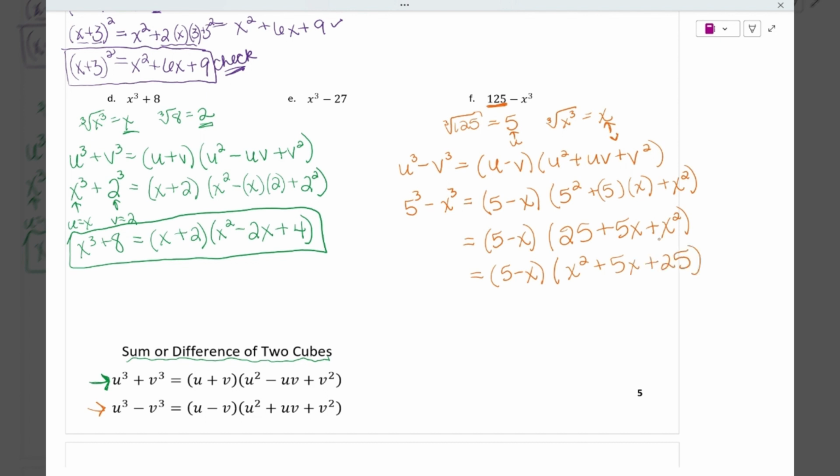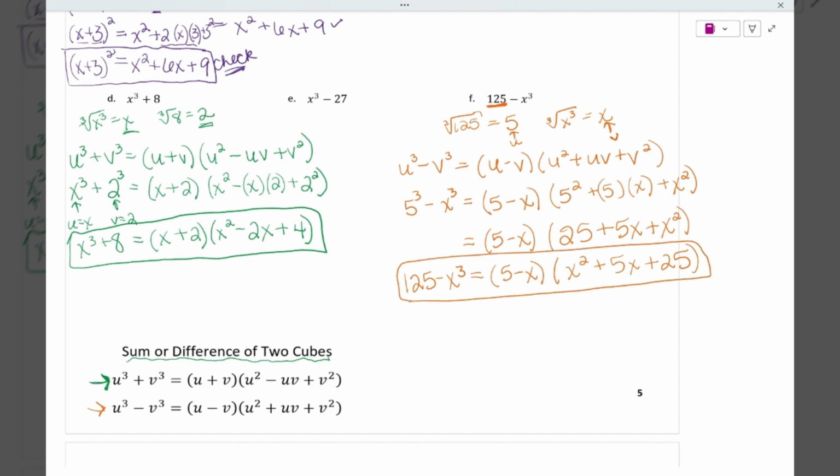So you would check to see that nothing else can be factored out, and it can't. So this is my factorization here. So keep these formulas handy, especially for the sum or difference of cubes, so that when you recognize an expression as a sum or difference of cubes, you can do that factorization.